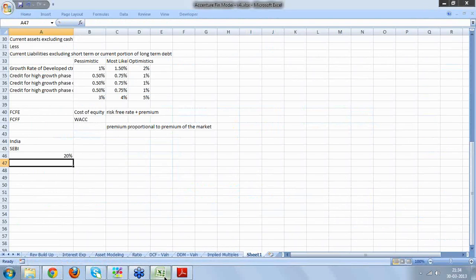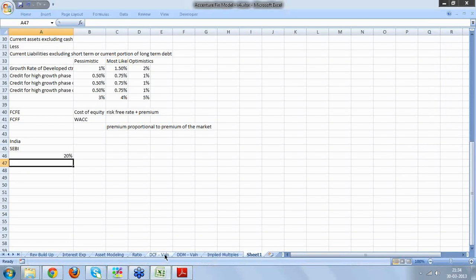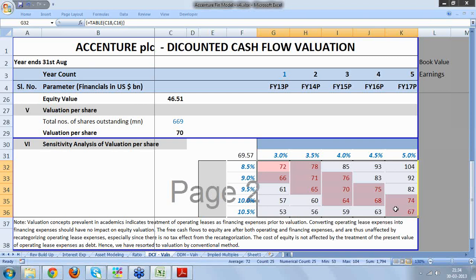So 70 is the base value that I'm getting, so I'll bring it down by 10% on the lower side. So 70 minus 7 is 63, 70 plus 7 is 77. So I'll choose a range in my entire sensitivity table, and I'll try to make a valuation ladder.